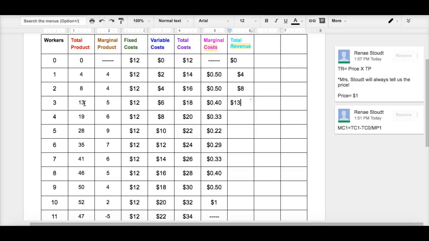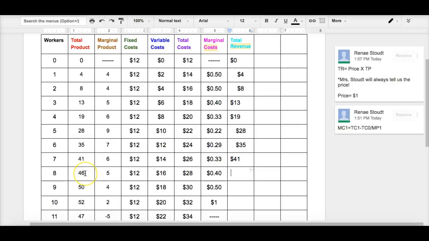So that will equal $13. At 4 workers, we produced 19 airplanes, so 19 times 1 will give us $19. At 5 workers, we produced 28 airplanes, so 28 times 1 will give us $28. At 6 workers, we produced 35 airplanes, so $35. At 7 workers, we produced 41 airplanes, so $41.